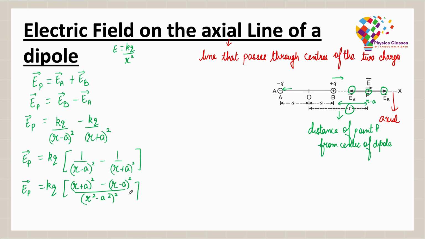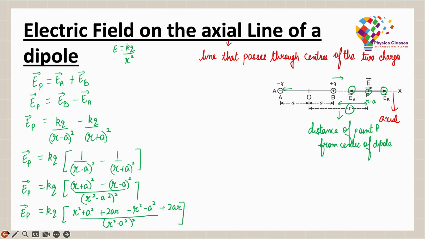Now we can open this up by simply using the identities, or if you want to square it term by term, that is also possible. So if I simply open this, I'll have R square plus A square plus 2AR minus R square minus A square plus 2AR, and this whole divided by R square minus A square whole square.